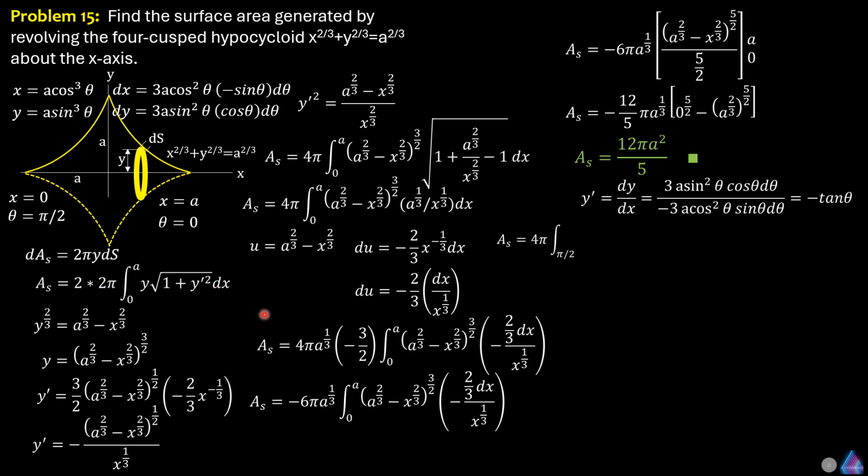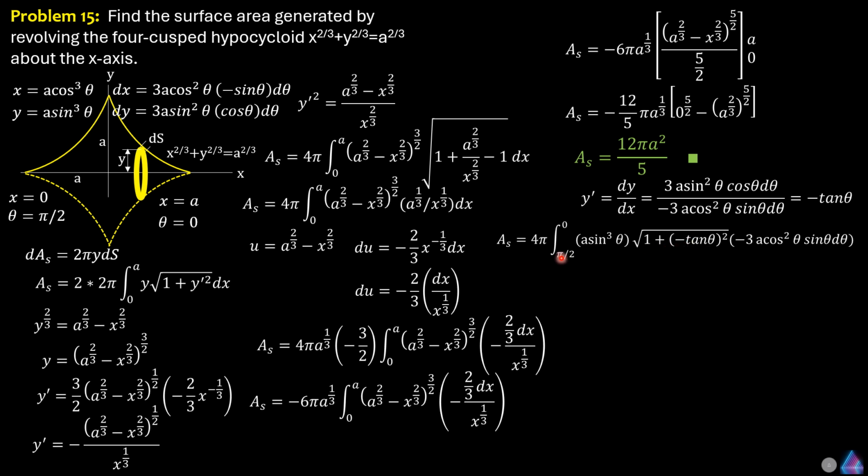So area S equals 4 pi integral from pi over 2 to 0 of y, which is a sine cube theta, then square root of 1 plus y prime, negative tangent theta squared, times dx, negative 3a cosine square theta sine theta d theta. So take note that the value in the radical is 1 plus tangent square theta, and 1 plus tangent square theta is secant square theta as an identity.